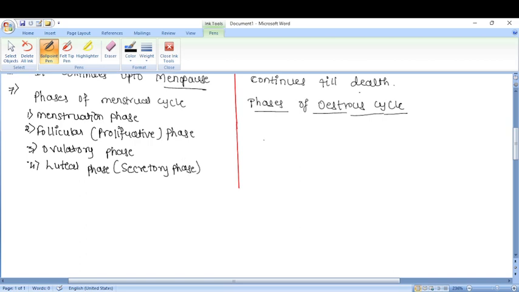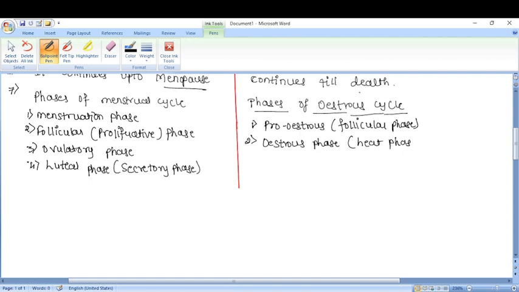And the phases of the oestrus cycle are, one, pro-oestrus, which is also called the follicular phase, then the oestrus phase, which is also called the heat phase.